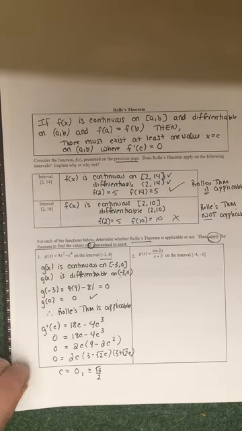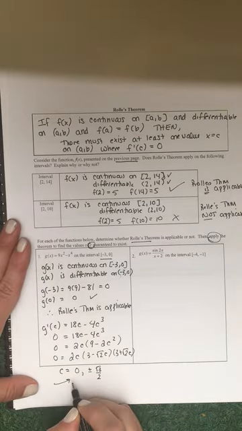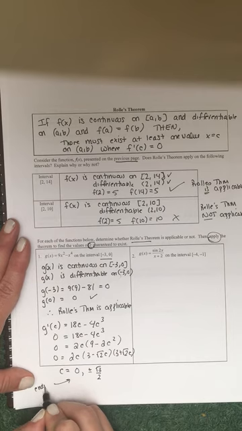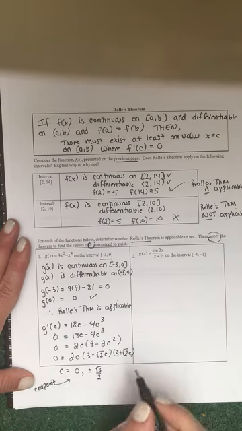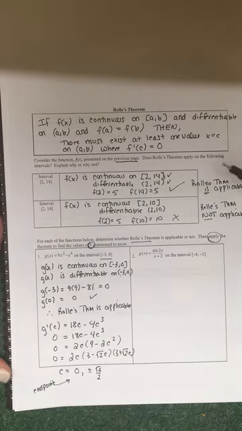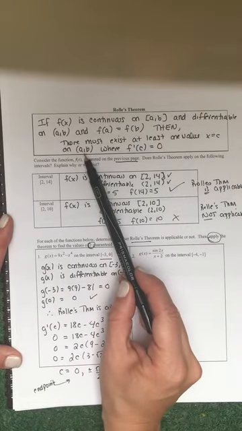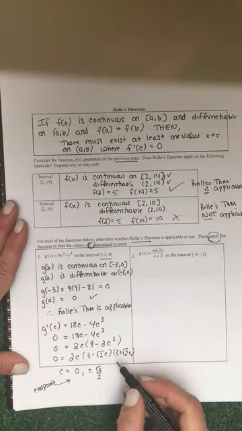And what we've got to do is look at the interval and the domain. c equals 0 is an endpoint, so that doesn't work because Rolle's theorem says that there's a value up here on the open interval. It doesn't include the endpoints.